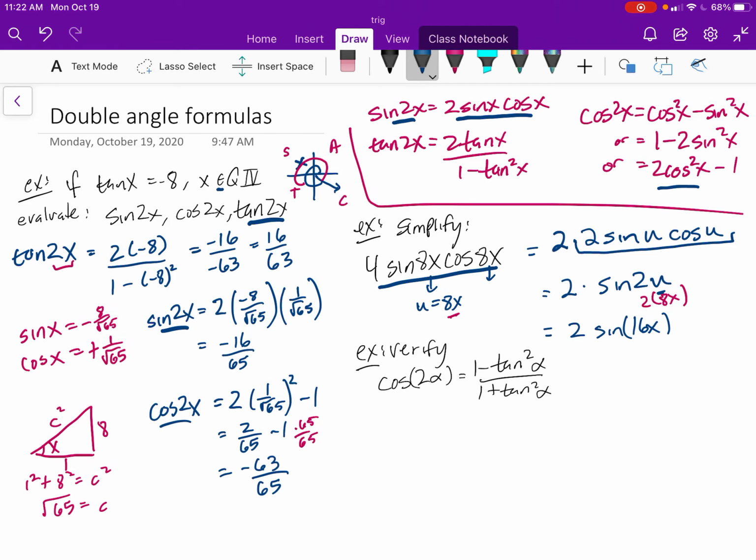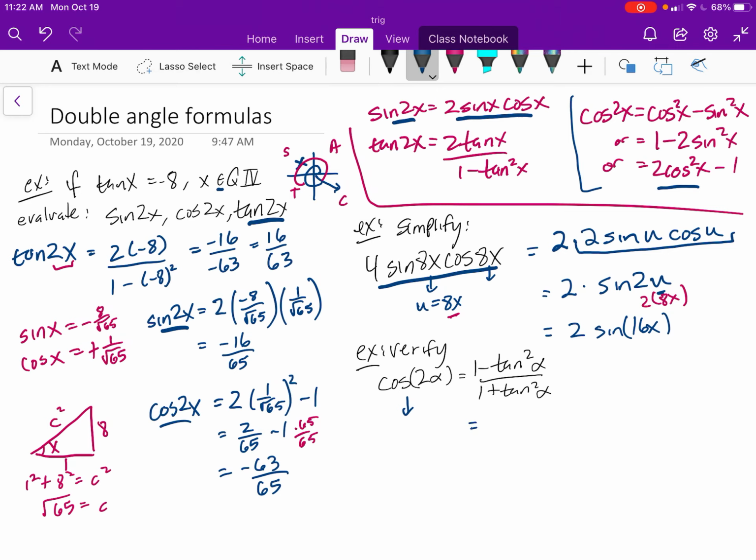All right, last one. We're verifying. If we look at cosine 2 alpha, all three of these don't have anything to do with tangents. Now I can make the substitution over here. I could change it to one of those. I don't know that that's going to get me very far. Okay, maybe not.